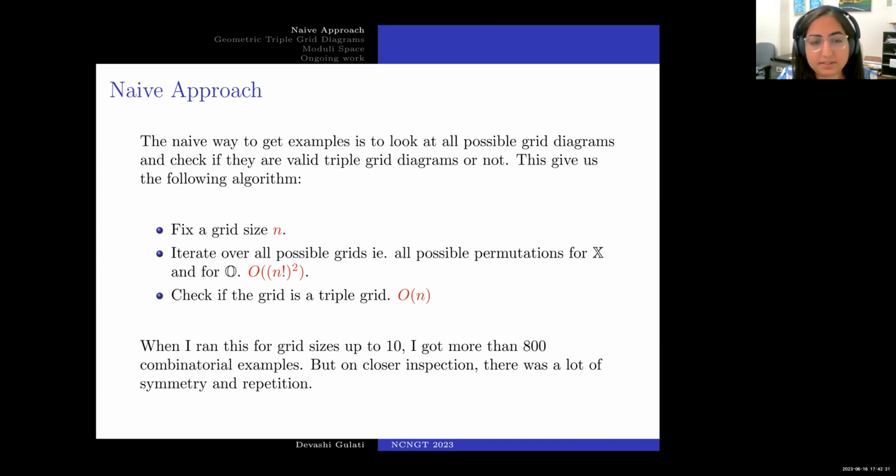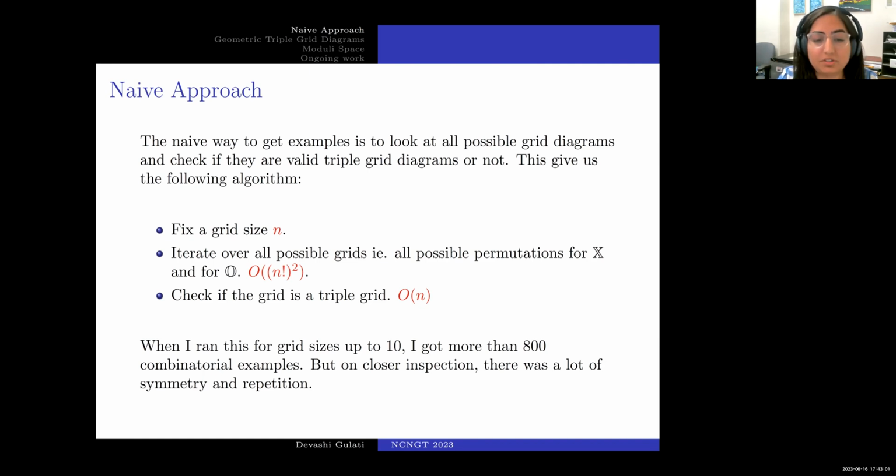Fix a triple grid size, iterate over all possible grids, that is, all possible permutations for X's and O's, and check if this grid is a triple grid. This is a very costly approach because the complexity is n factorial squared. When I ran this for grid sizes up to 10, I got more than 800 combinatorial examples.